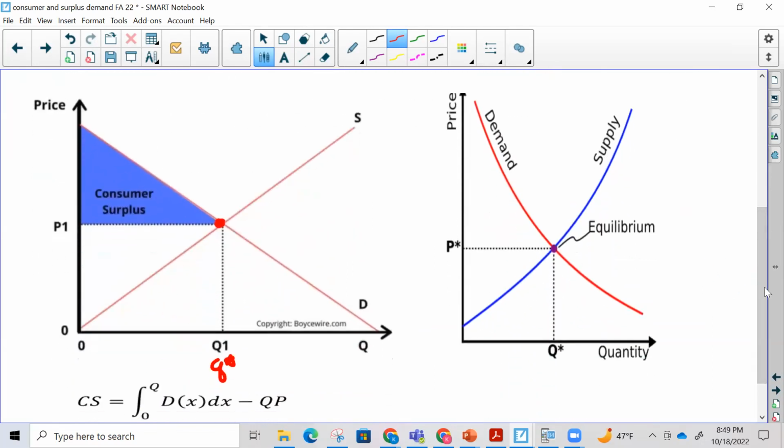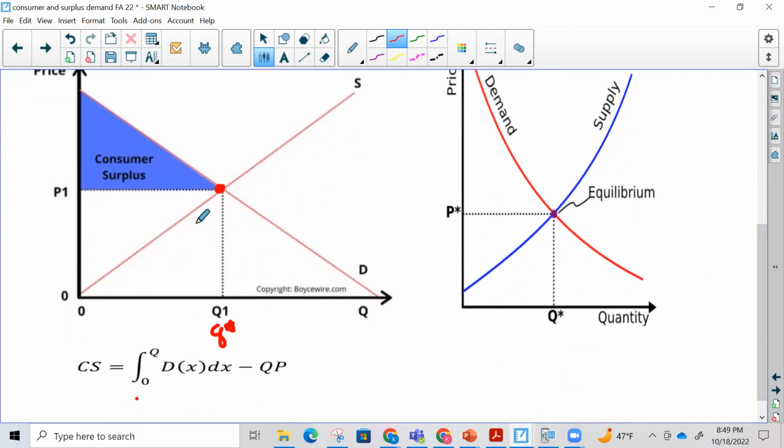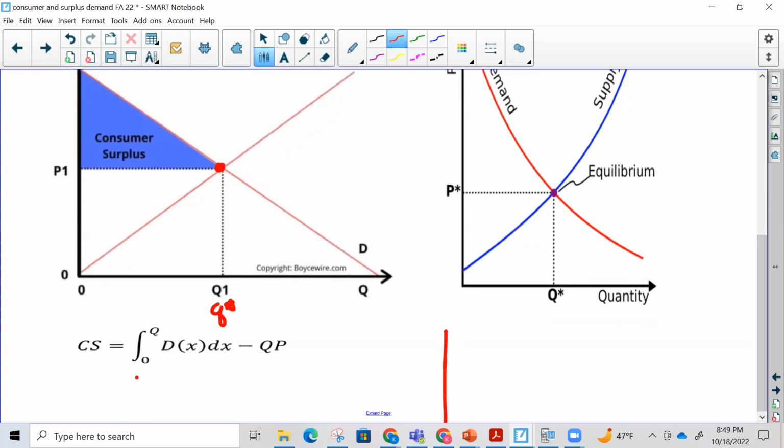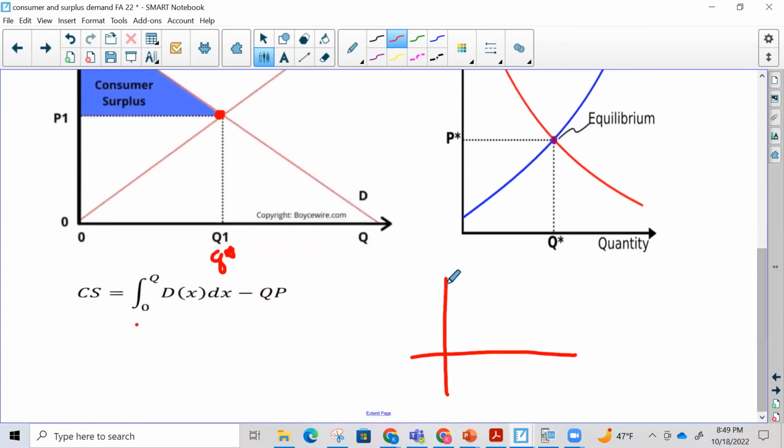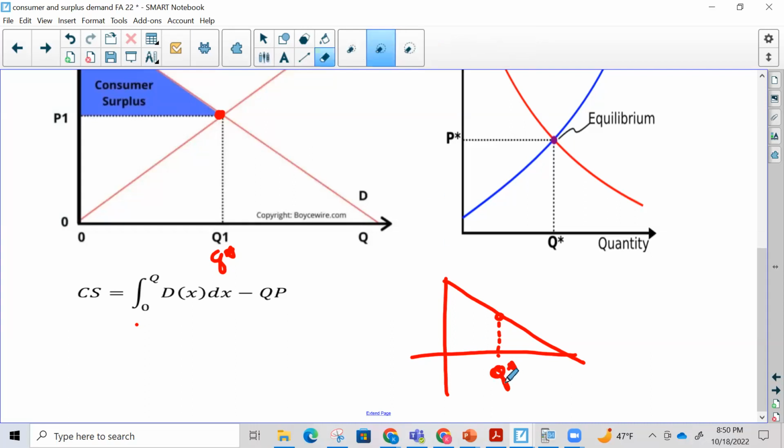To find that, if we just had the supply curve and the demand curve here, and this again is my equilibrium point, this triangle is the consumer surplus.